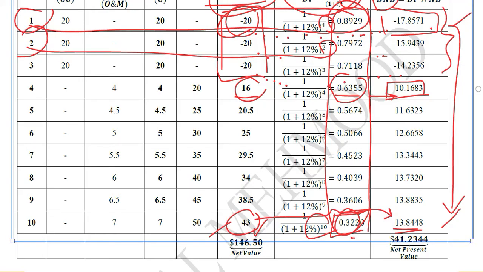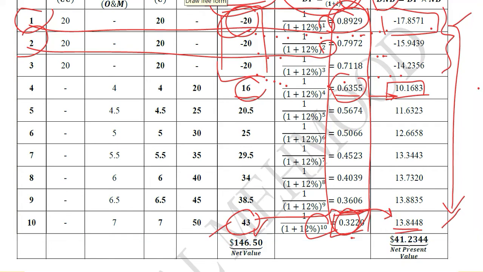So what you see is the effect of discounting. It increases as we go ahead in time, because the more the thing gets delayed and goes into the future, the lesser we will prefer it. This is why discounting is greater.